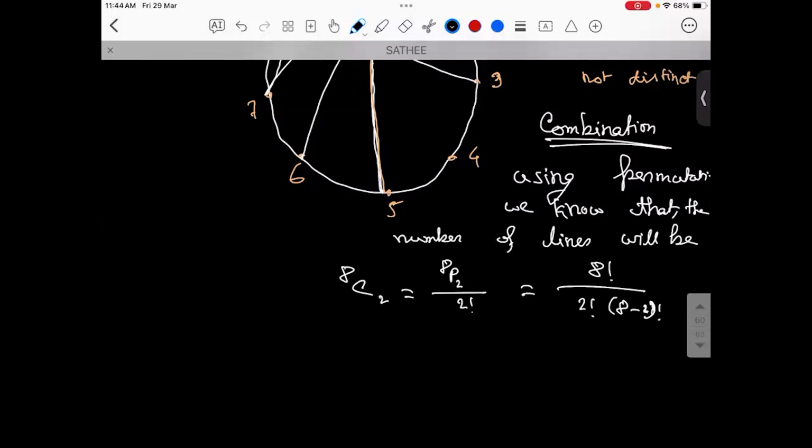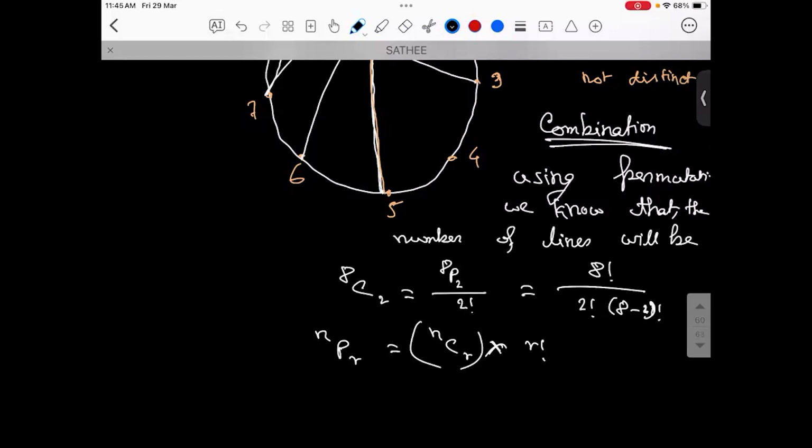Now if you replace this by n and r, then NPR is nothing but NCR into r factorial. Why NCR into r factorial? Because in the case of combination, we are eliminating r factorial times cases. We are not considering them as distinct cases. So we multiply NCR with r factorial to get NPR, that is the permutation.